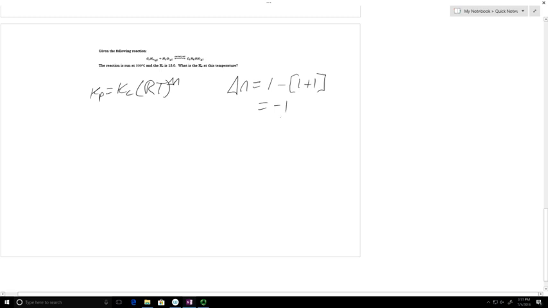For RT, you're going to want to convert T to Kelvin. So in this case, we're going to say T is equal to 330 plus 273, which gives us 603 Kelvin. And you're going to use the gas constant that has liter atmospheres per Kelvin mole.